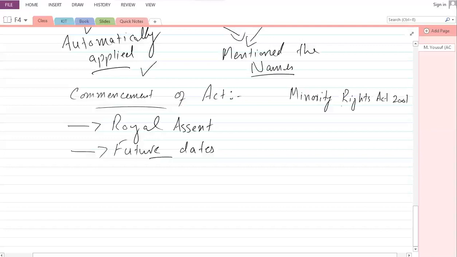Minority rights is the subject of the act. This is the purpose for which that act is specially established. The act is showing the source of law.